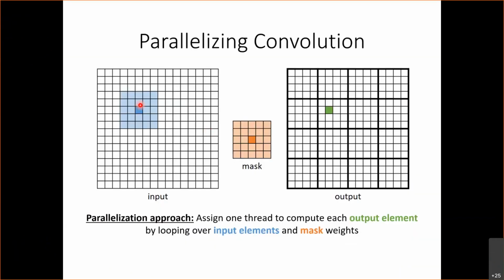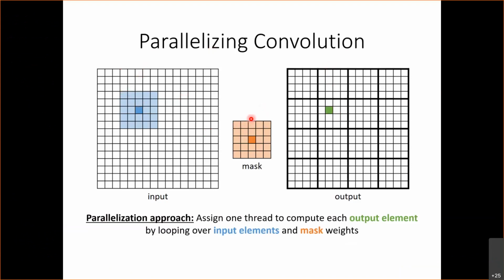The input column, in this case, refers to over here. The input column is going to be the output column minus the mask radius, which brings us to the beginning of the mask, plus the mask column. So if the mask column was 0, then it's going to be the output column minus the mask radius.